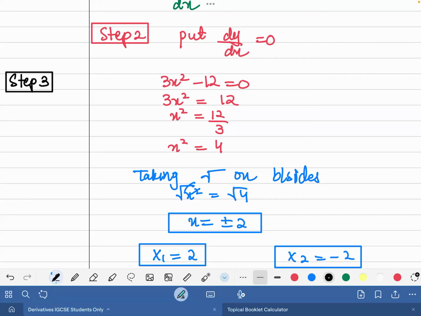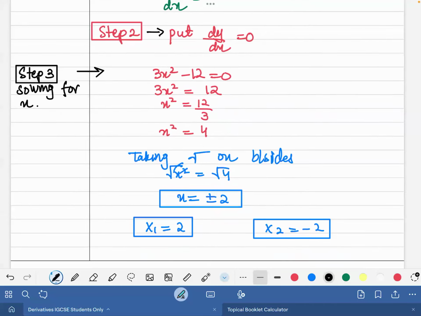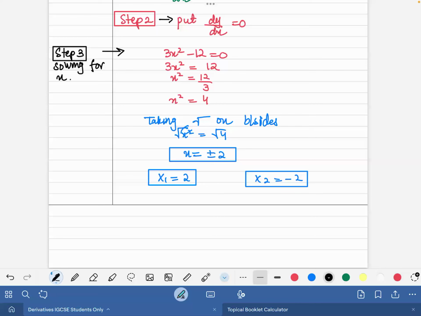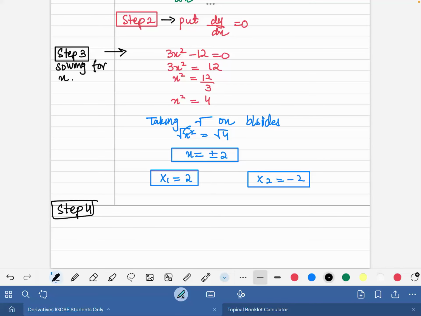Solving for x was step 3, and this is step 2. Step 4 is to find the y values.